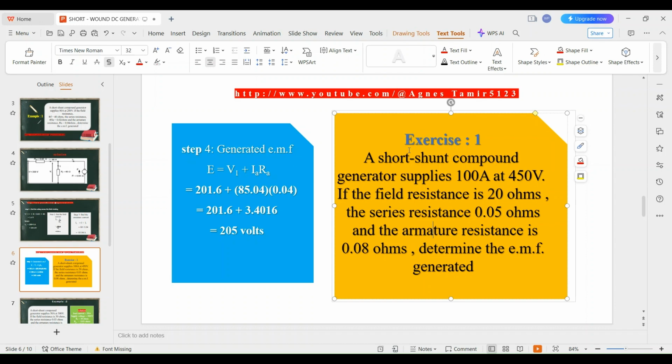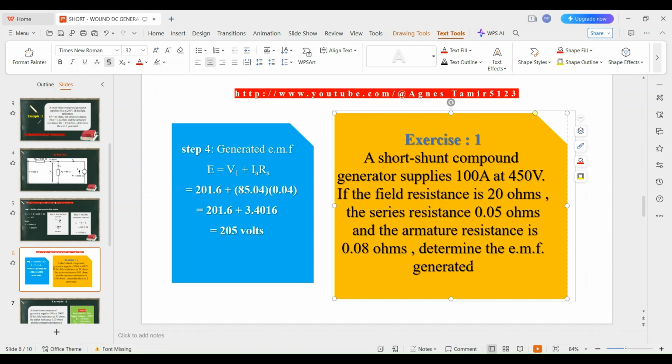If the field resistance is 20 ohms, the series resistance is 0.05 ohms and the armature resistance is 0.08 ohms, determine the EMF generated. This question is not much far from what we have done. If you are keen, you can see I've just changed the values. If you follow the steps keenly, you will be in a position to get the right answer.